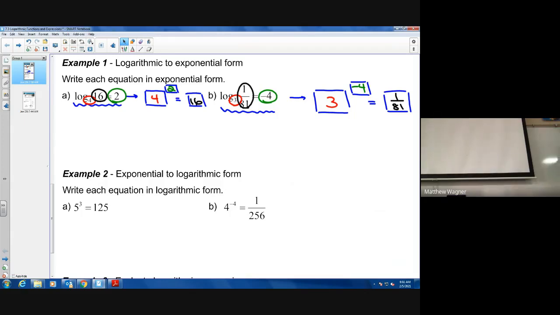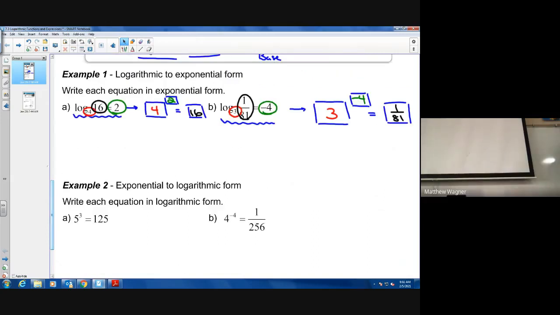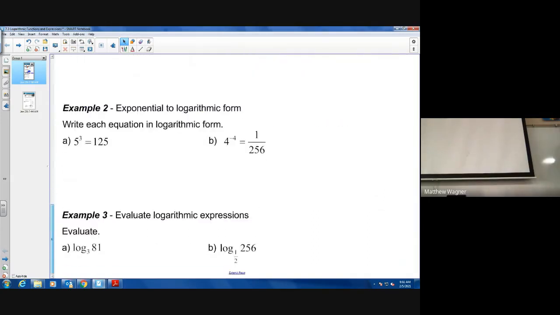Okay? It's important that we not only know how to go from log form to exponential form, but also to go from exponential to log form. So we're going to start here, and we're going to transfer this back into log form. I'm going to need the base, what we're logging, and my answer. Just like before, the base of my log and base of the power should be the same.